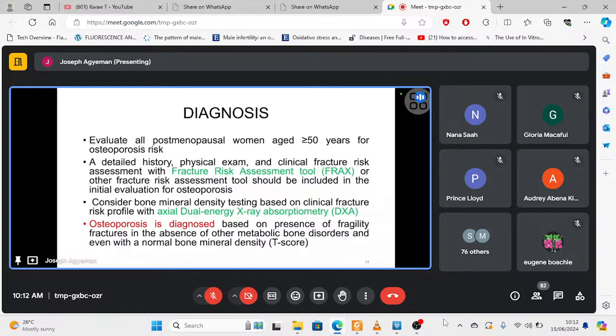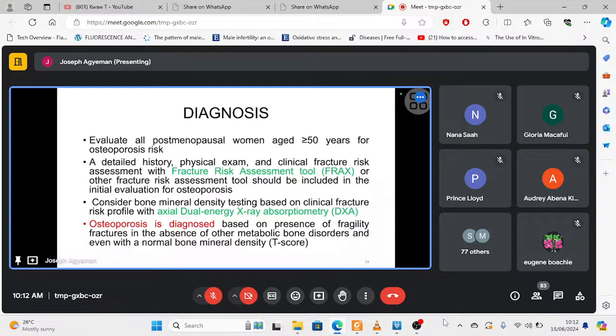And if the person is deviating from the mean by below negative 2.5 or more, that is 2.6, 2.whatever, 3, deviating negatively, then it is enough to conclude that the person is having osteoporosis, even without any fractures. So bone mineral density measurement alone can help you. So consider bone mineral density measurement using axial dual energy X-ray absorptiometry.